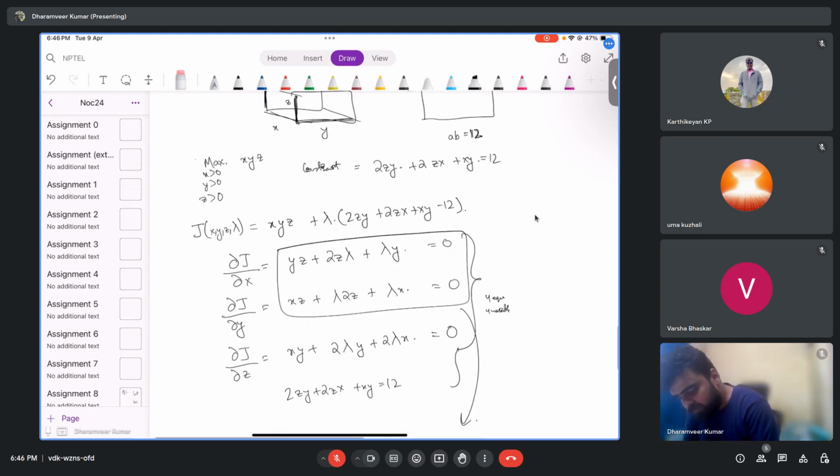Okay. This implies lambda is equal to minus yz over 2z plus y.